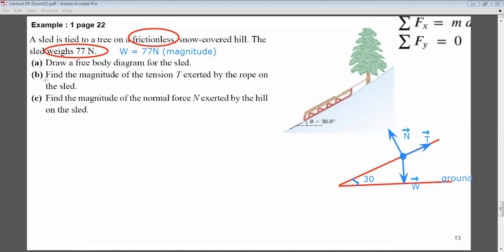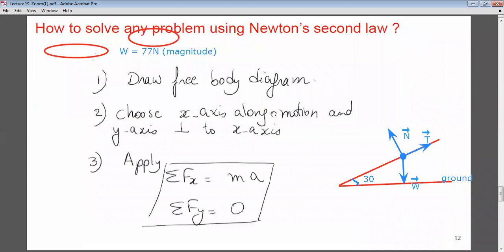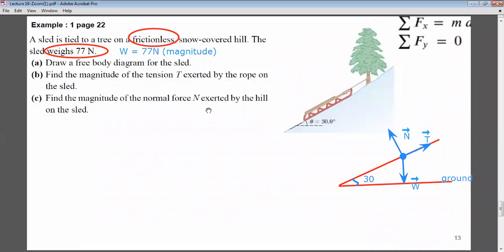So we said whenever I have a question like this, the first step is draw a free body diagram. So even if he doesn't ask me to draw a free body diagram, I have to draw it. Then let's go back to the previous slide. Then we choose the x-axis along motion, y-axis perpendicular to it. Here there is no motion. When there is no motion, we are free to choose the x-axis.